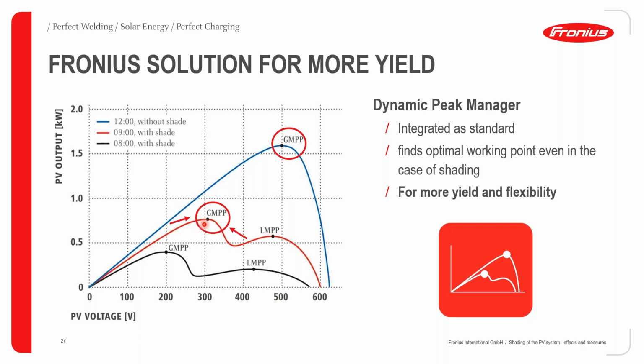So you can be guaranteed going forward into the future that when you have a FRONIUS inverter as a major system component, you'll be able to get as much yield from your system flexibly regardless of the shading conditions that will happen during the course of the day.